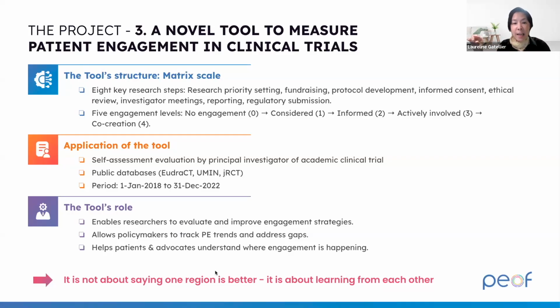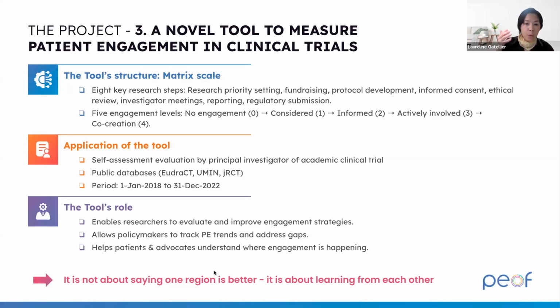X is the 8 steps of the research, and Y is the level of engagement. I'll talk about it in the next slide. So we have this axis to know where and to which extent patient engagement is occurring. We needed to test that simple tool. We cannot just create a tool without testing it.